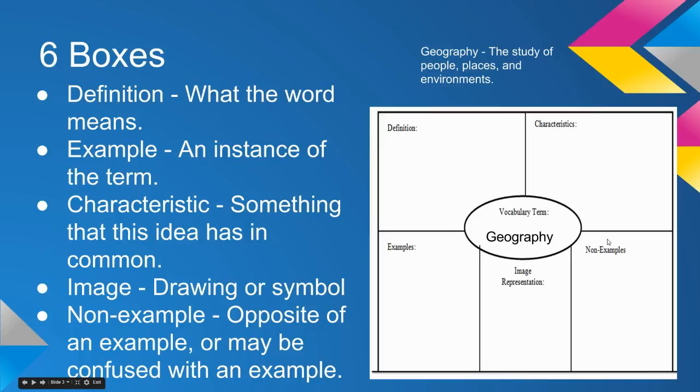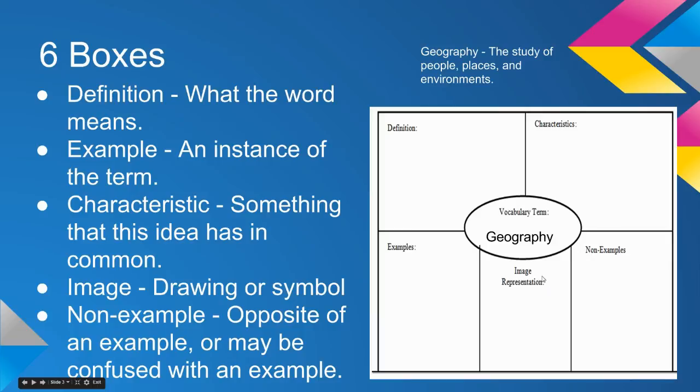Okay, so again, a non-example of geography would be something that might be the opposite of geography, or it might be something that we could easily confuse with geography. For an image representation of geography, we would just make a little drawing or make a symbol that would help us to better remember what geography means and help us to better understand what this concept of geography is.